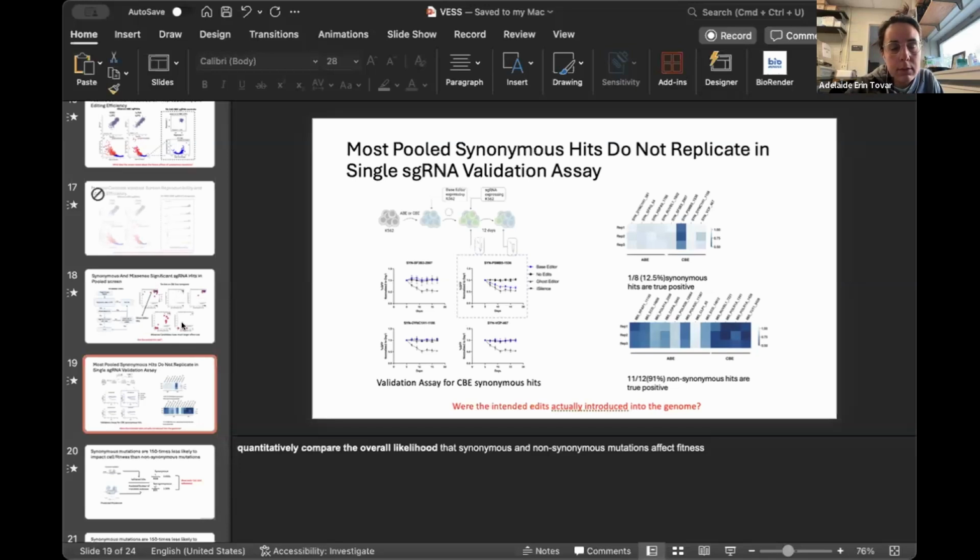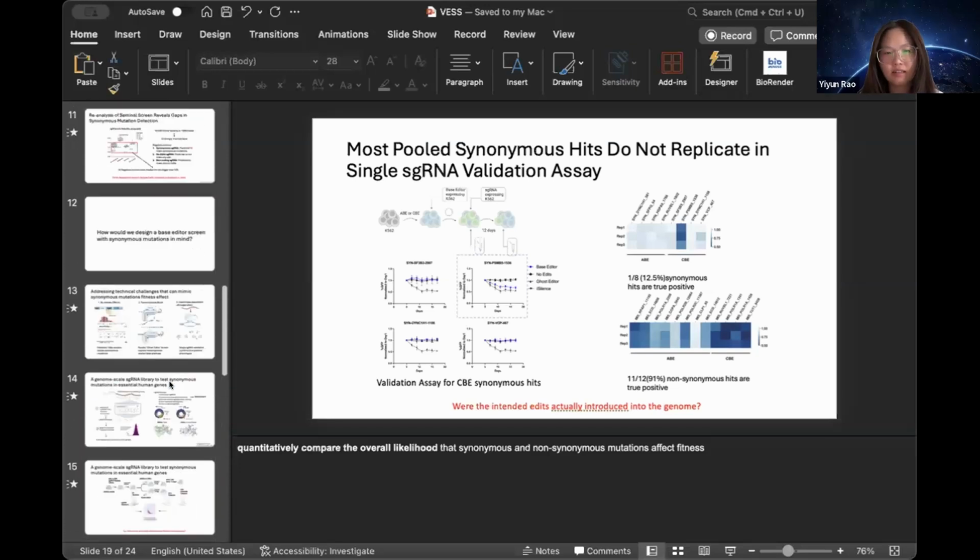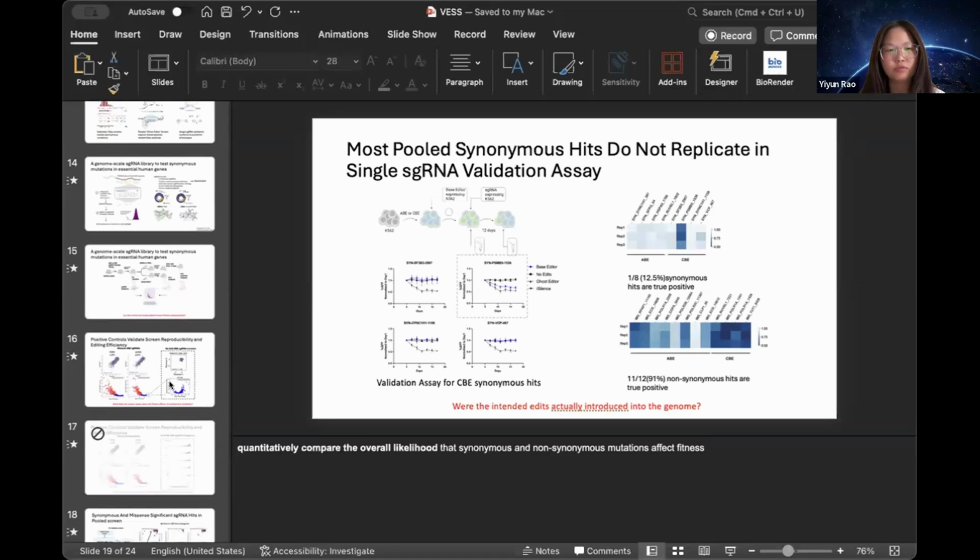That's a really good question. When I designed the library, I actually explicitly avoided those synonymous mutations that are located at the splice site. So they are strictly in the inner part of the coding region. That's one detail I didn't mention, but it's important.